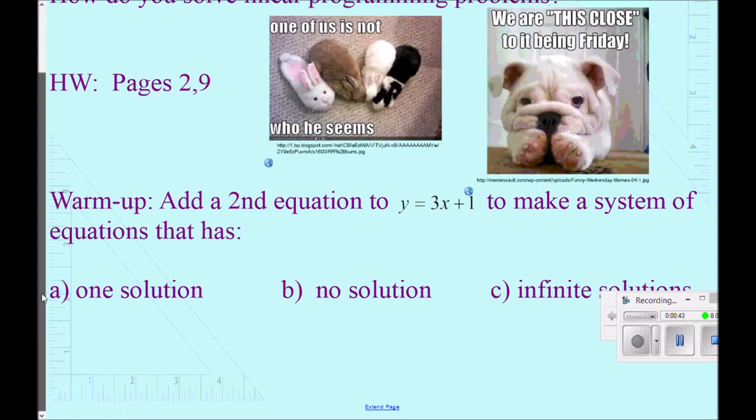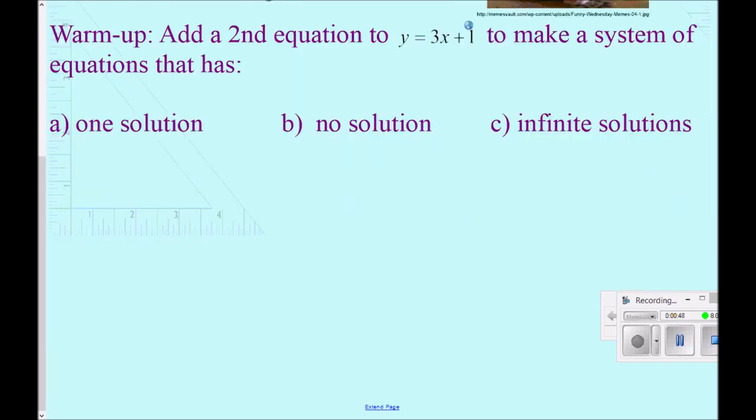Okay, so the original equation y equals 3x plus 1, to have one solution, that just means that the line needs to intersect with the original line. So really there's lots of answers here for part A. You just need something that does not have the same slope, 3, and a different y-intercept, and also something besides the exact same equation or a multiple of that equation.